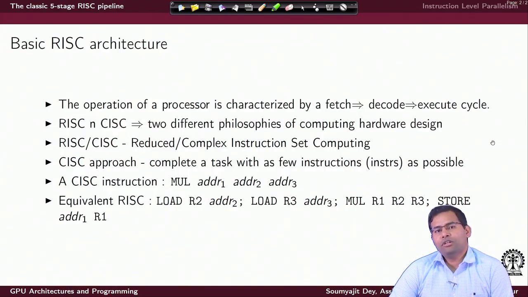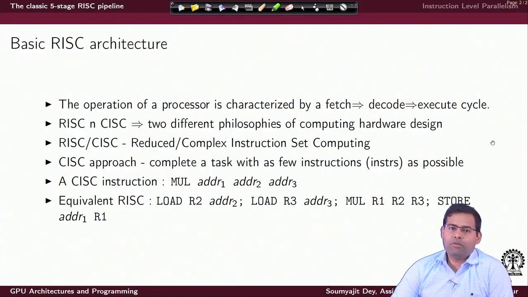Are those instructions going to be very simplistic activities, or are the instructions individually powerful enough to do a lot of things by just one specific instruction itself? So, this is where these philosophies differ. That is why RISC is reduced instruction set computing and CISC means complex instruction set computing.